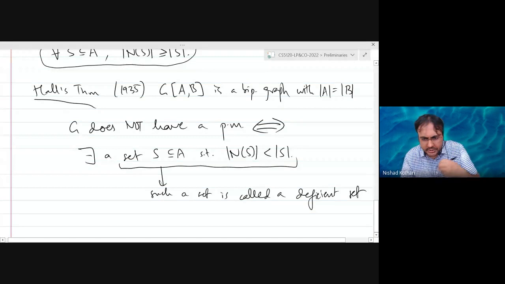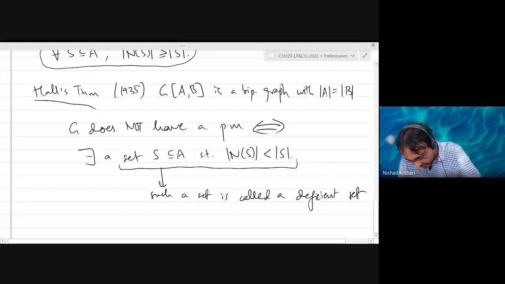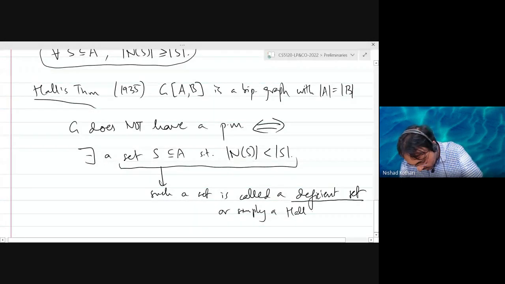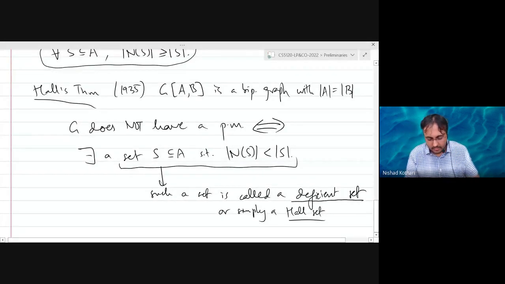It is deficient in the sense that it has very few neighbors. So in that sense, it is deficient, or simply a Hall set. Okay?